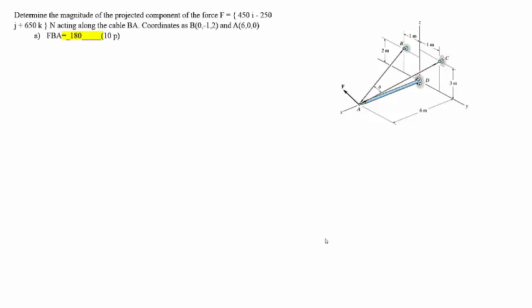So this next problem is to determine the magnitude of the projected component of the force, and I'm telling you the force equals 450i minus 250j plus 650k.